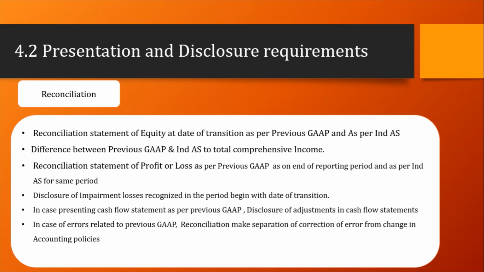Then if in the last financial period the company or management became aware of some errors related to the previous GAAP, then while preparing the reconciliations they have to distinguish the corrections of those errors from the changes in accounting policies. Meaning if in the reconciliation there are some changes made due to a change in accounting policy, and any changes that happened due to the correction of errors, they have to be shown separately.